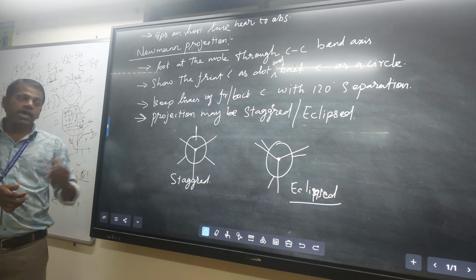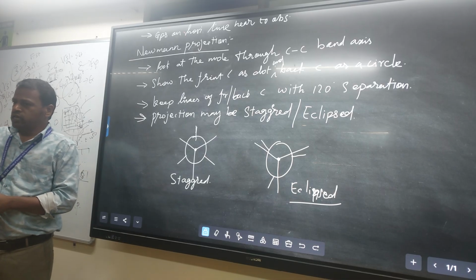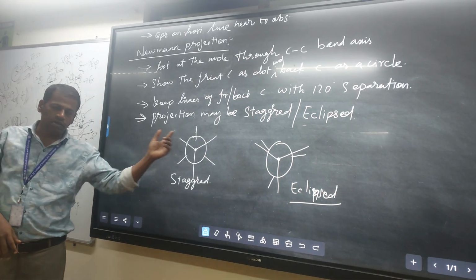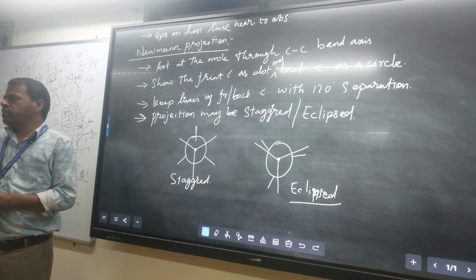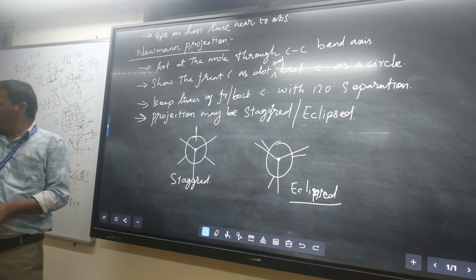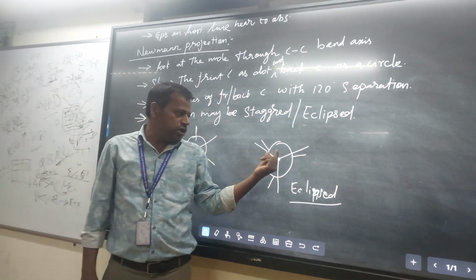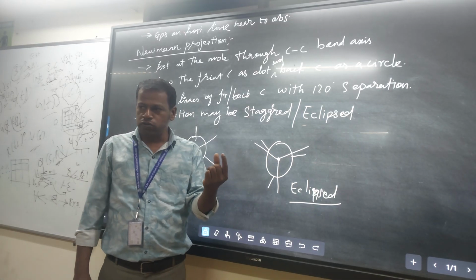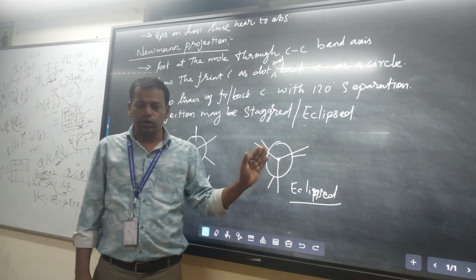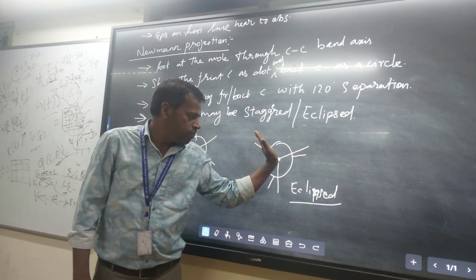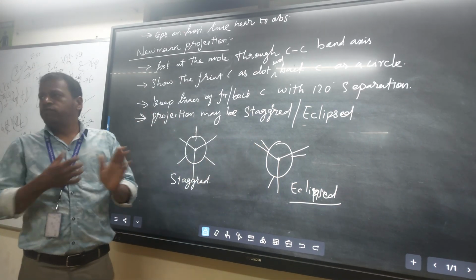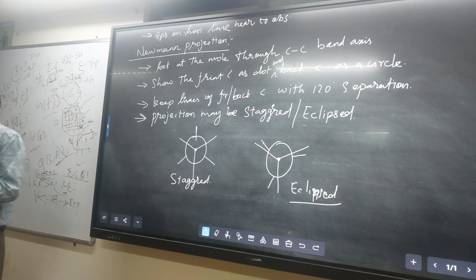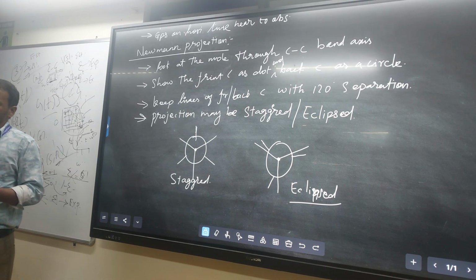That is an eclipsed conformation. Staggered conformation means it shows all the front and back carbon bonds. Eclipsed conformation means you are looking only at the front carbon bonds, not the back carbon bonds, because the front carbon bonds hide the back carbon bonds. Therefore, you do not view the backside carbon bonds there.